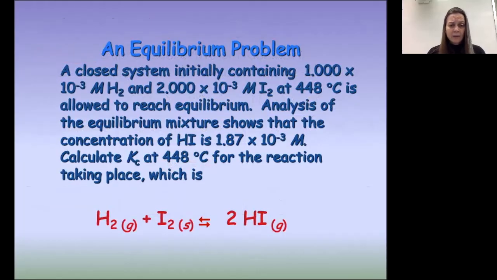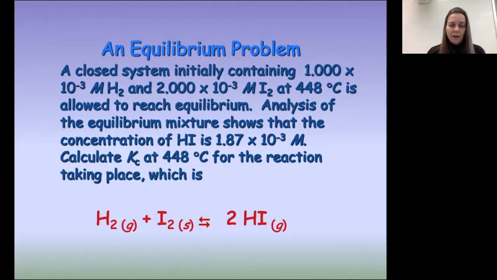We analyze the equilibrium mixture and we find the concentration of hydrogen iodide, and it asks us to calculate the K for this reaction. And then it gives us the reaction. 1 mole of hydrogen reacts with 1 mole of iodine to give us 2 moles of hydrogen iodide gas.